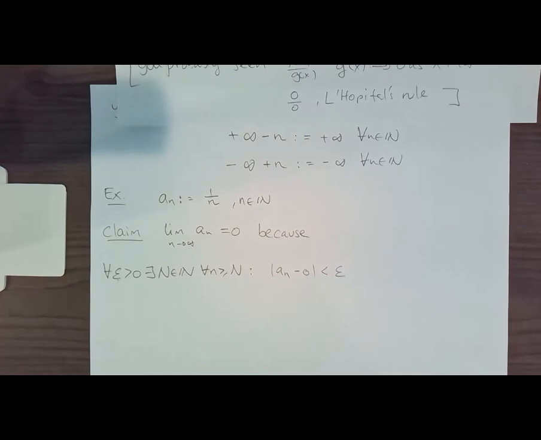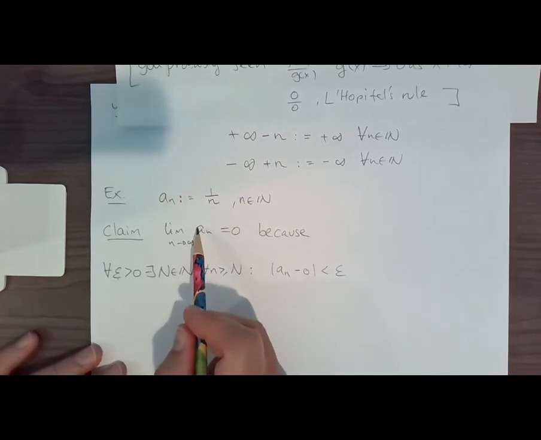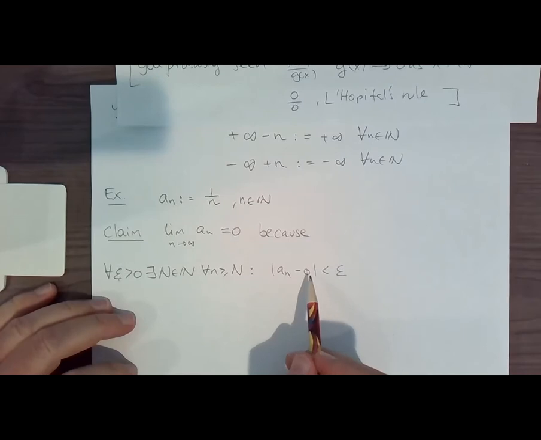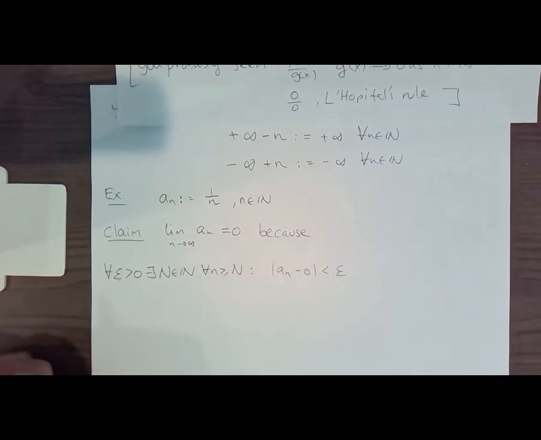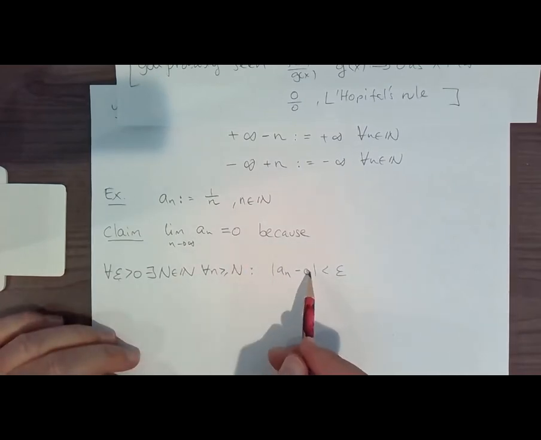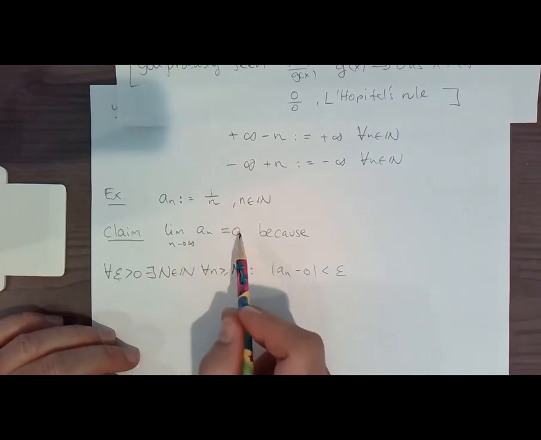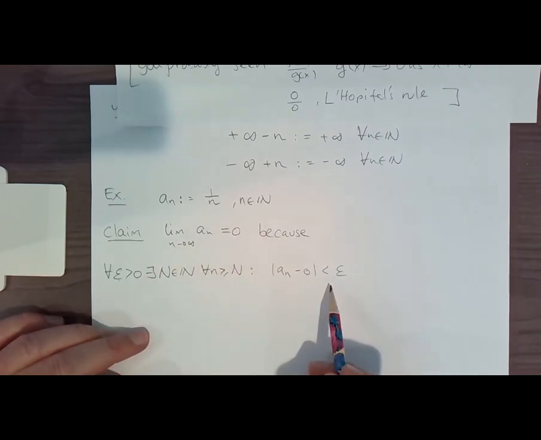That's the definition of this sequence converging to 0. As you can see, it requires that you have a guess for what this limit is. That goes in here. You're going to say that this limit is equal to 0 if this property holds.